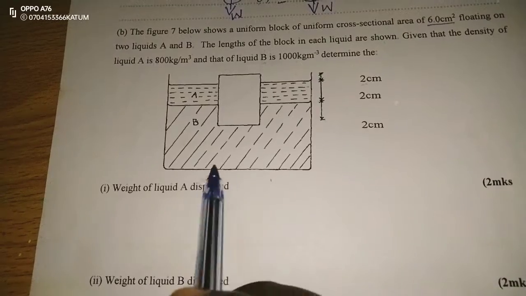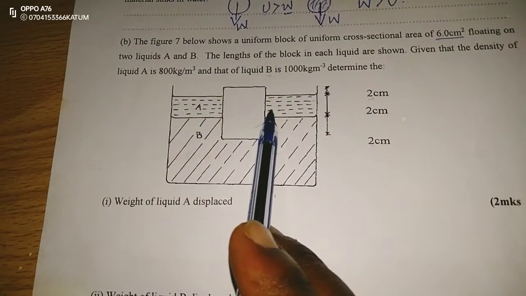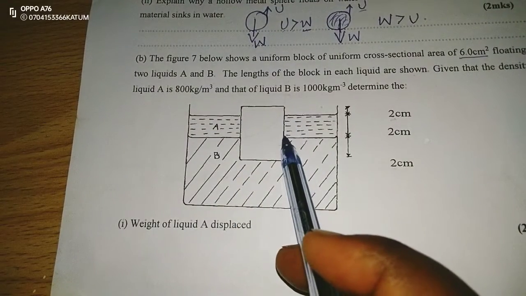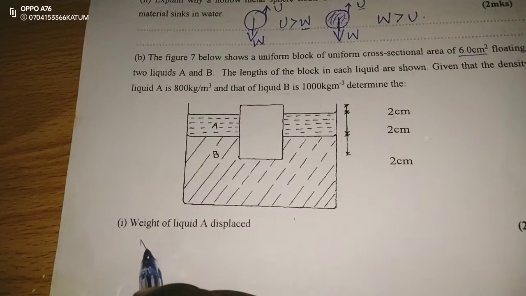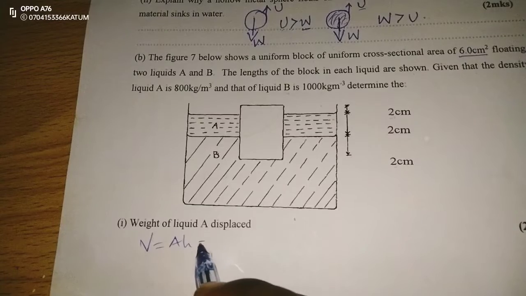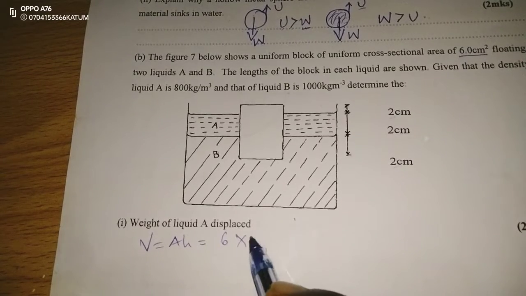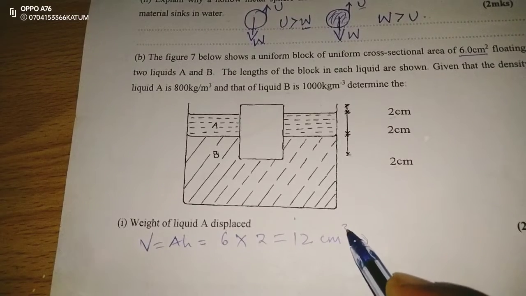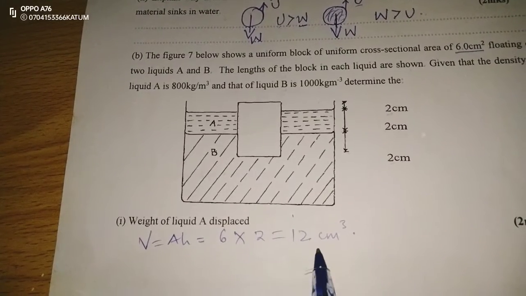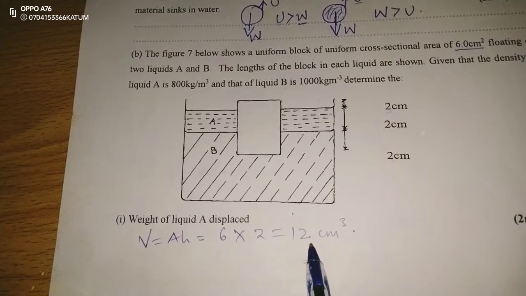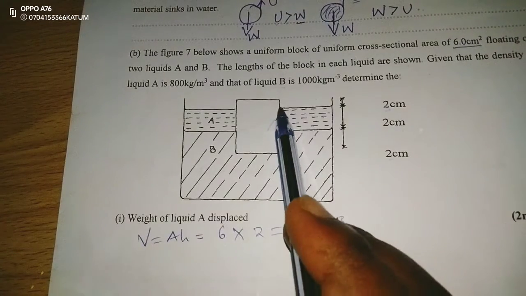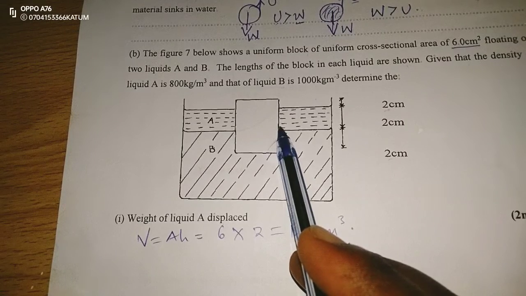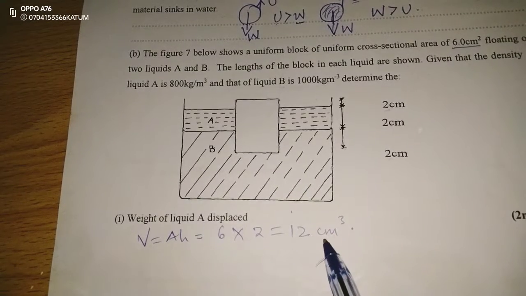We should calculate first of all the volume of A displaced, which is going to be the volume of the solid inside liquid A. Volume is usually given by cross-section area times height. Therefore, cross-section area of 6 and the height of 2 gives 12 cubic centimeters. So this is the volume of the solid which is inside liquid A, which means the volume of liquid A displaced is also the same.